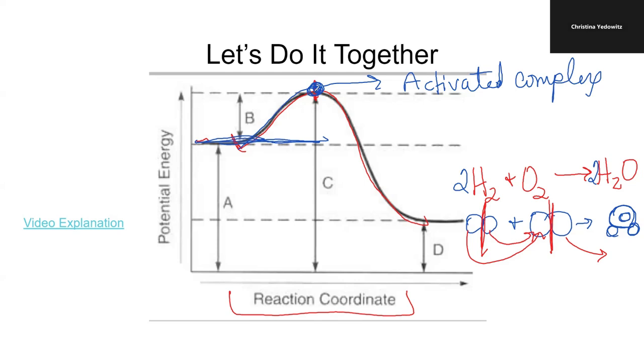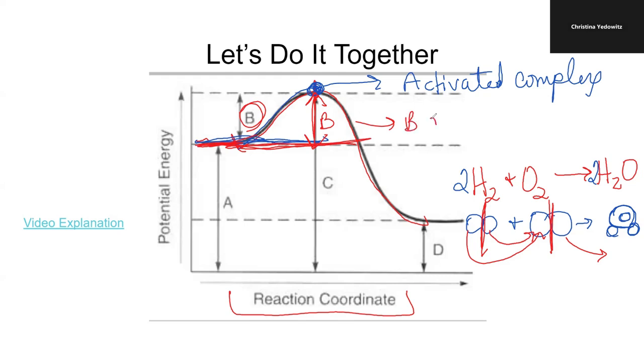And it's kind of nice to see it drawn like this as a curve because you can think of it almost like you have to climb all the way up that hill in order to get there. Okay. So this energy right here, from the place where the energy of the reactants is to the point where you get that activated complex, is known as, so this is actually B. I'm moving it back underneath the hill because that's where it belongs.